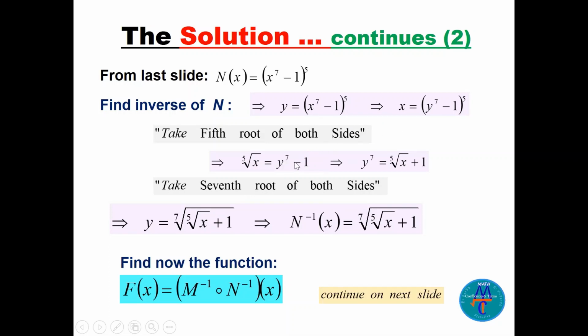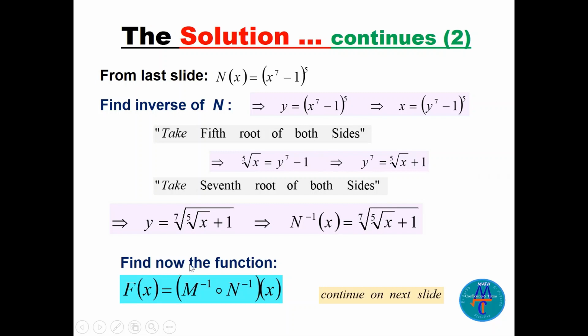Take minus 1 to the other side, it becomes plus 1. Now remember, we need y, so let's take the seventh root of both sides. So y equals the seventh root of (the fifth root of x plus 1). And this will be n inverse. So this is the inverse of the function n.